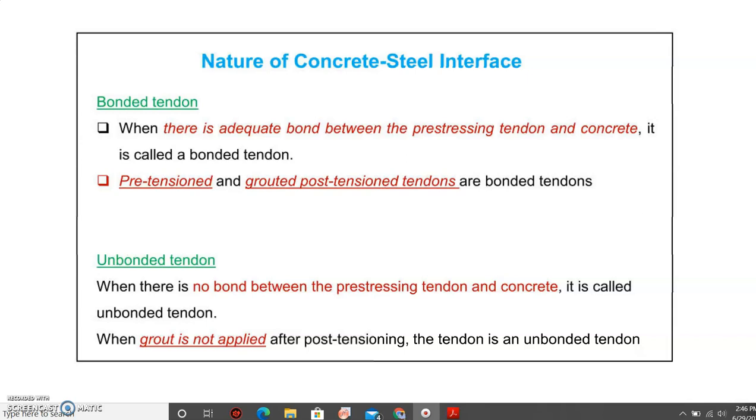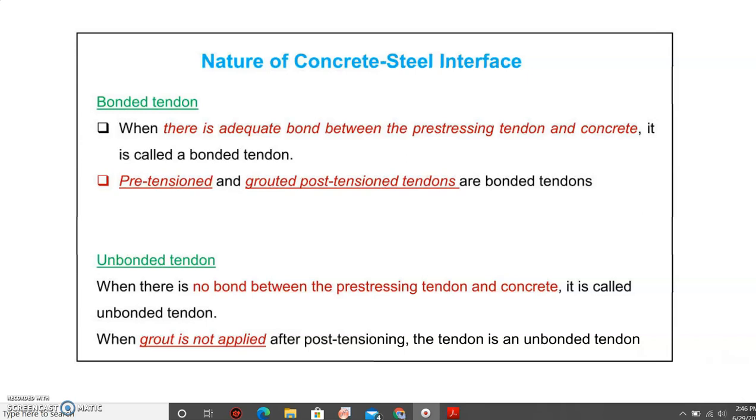Okay, in the pre-tensioning method, the concrete is provided around the tendons. Hence, bond is developed. Similarly, in the method of grouted post-tensioning tendons, the proper bond is developed.